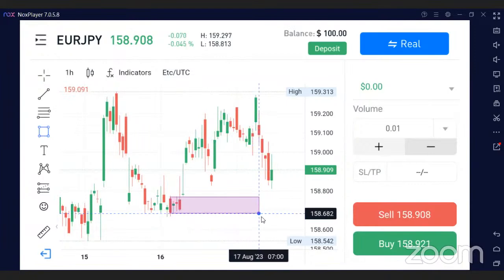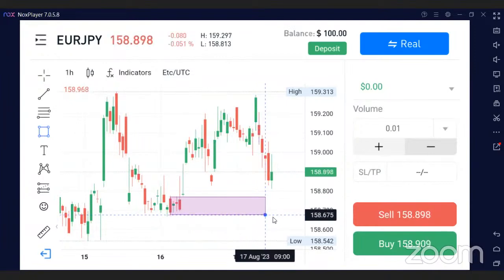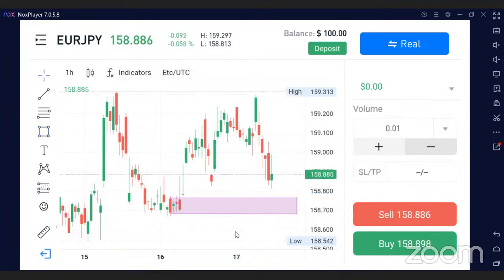This is the zone we are waiting for our market to get to before we place any trade.